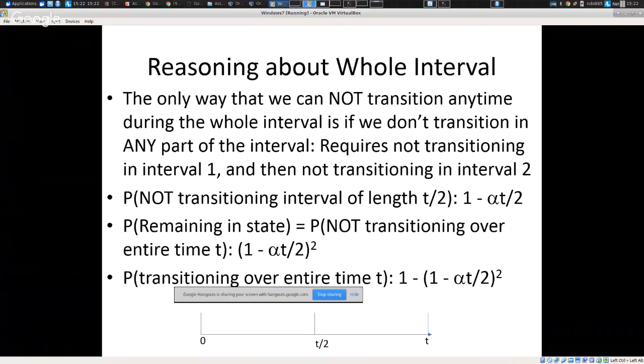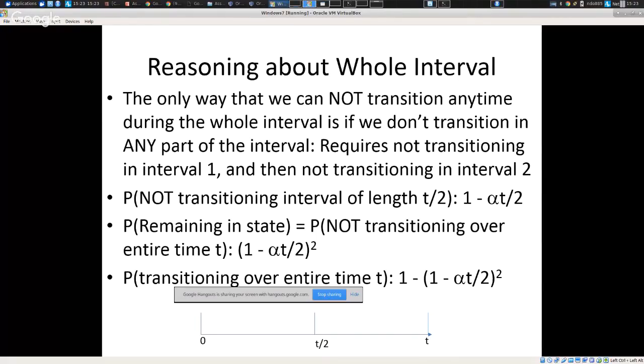If you're not feeling confident about this, you can study this more, but you'll have to reason it through: if we have an entire interval t, and we have a chance of leaving the first interval, and a chance of leaving the second interval, the only way I could not have left over time t is if I didn't leave in the first and I didn't leave in the second, and those two are independent, conditional on me having not left in the first interval. My chance of leaving in that next little interval is the same as it was of leaving in the first interval. So we get 1 minus alpha times t over 2.